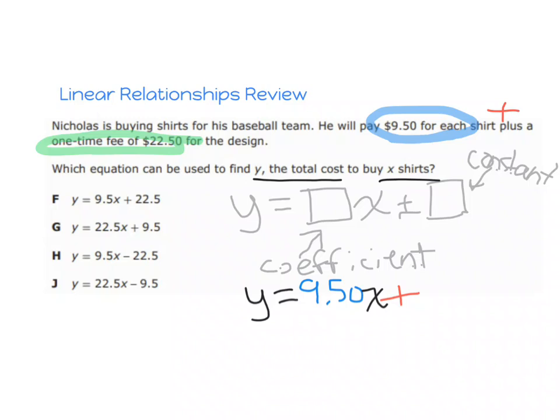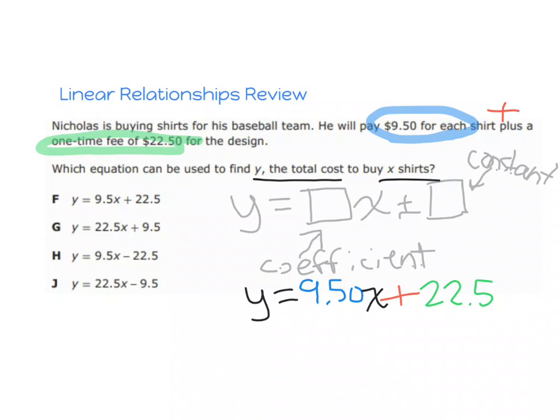We don't know how many they're buying, but they can change the number. They just need to multiply it by $9.50. And then, of course, we've got our one-time fee of the $22.50 that has to be added, because they're not going to let you buy the shirts unless you pay for your fee, your logo. Pay the fee for your design or logo.